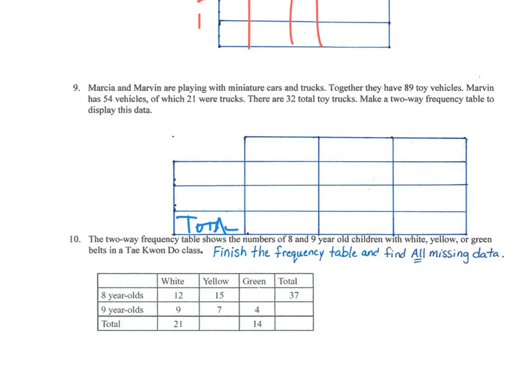Sorry, I made a mistake. Let's put Marcy. I can't spell. And Marvin here. Cars, trucks, total here. So now going off what it says, together they have 89 vehicles.